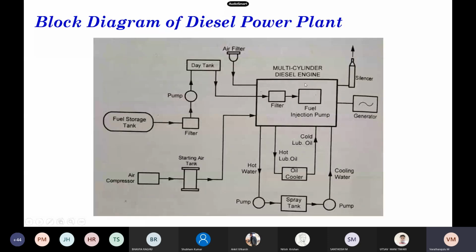And see here, we have the air compressor and the starting air tank, and this air is also sent to the diesel engine. And we have the lubricating oil, which is circulated in the diesel power plant. And we have the cooling water circuit to cool the surroundings of the engine, and it is condensed through the condenser. We'll discuss one by one in detail.